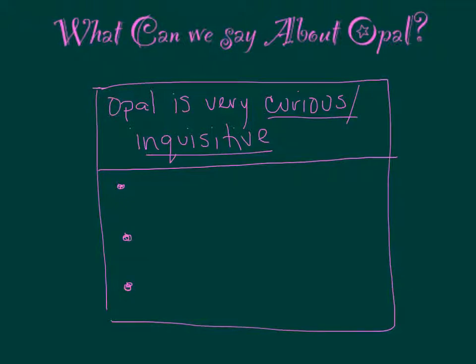So let's try to work and think of some specific examples of times that Opal is curious. Turn and talk to your partner about this now. One thing you might have said is that she asked her father to tell her 10 things about her mother.